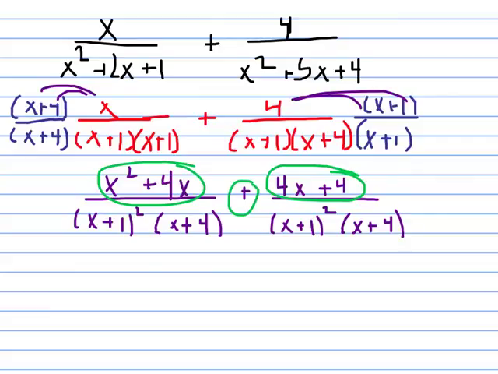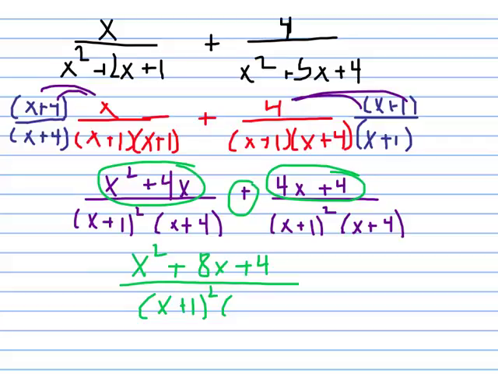So I have x squared, and then I have 4x plus 4x is 8x plus 4, all over x plus 1 squared times x plus 4. And we are done.